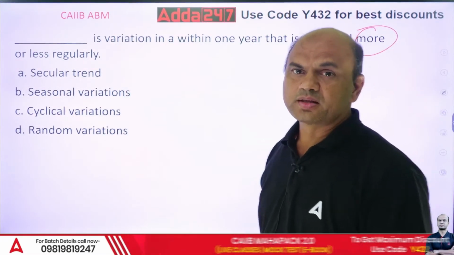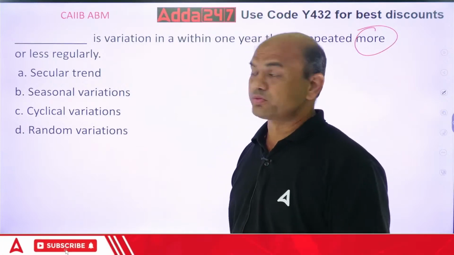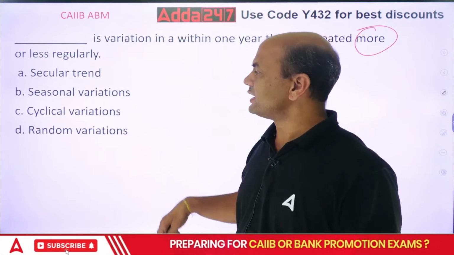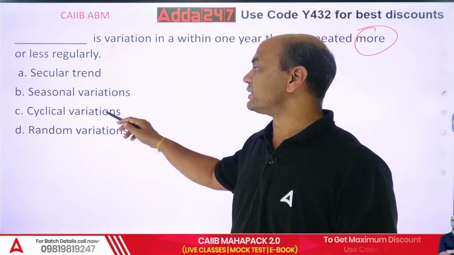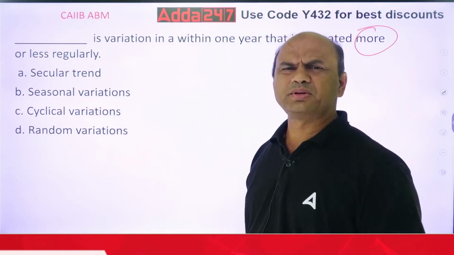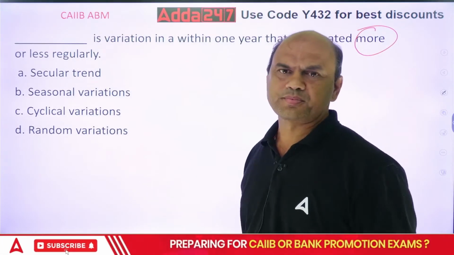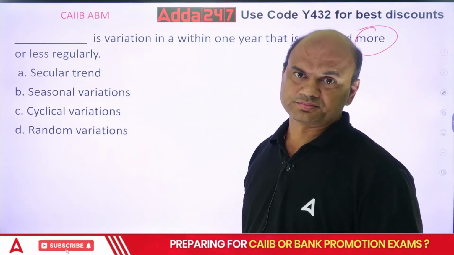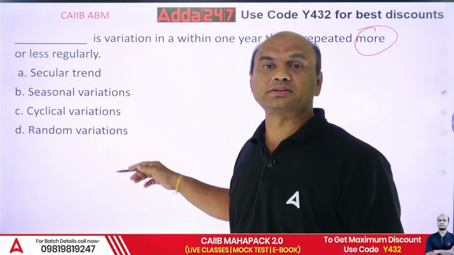Okay, there are 4 types of trends: secular trend, seasonal trend, cyclical trend, and one more is there, random trend. Random means you don't know. Now what is each one? One of them is definitely asking question in exam.